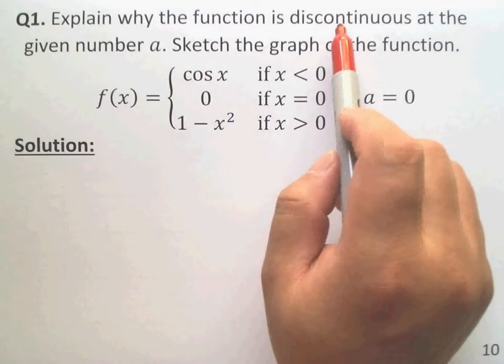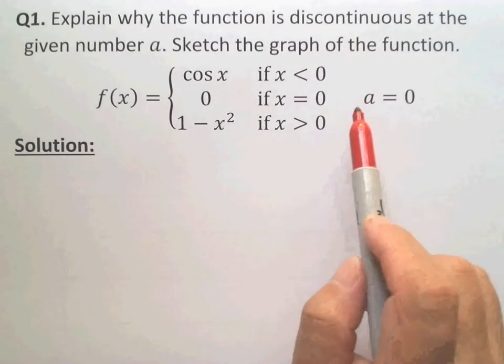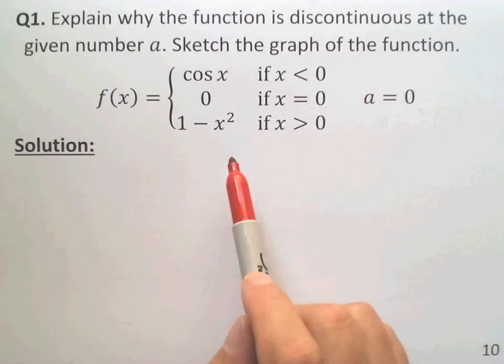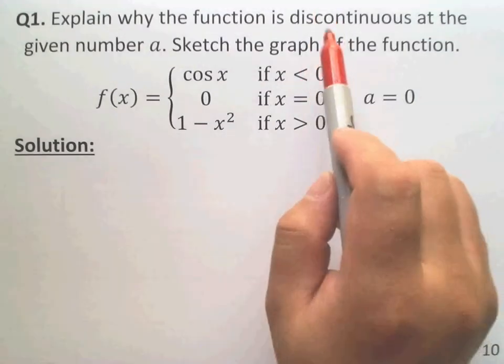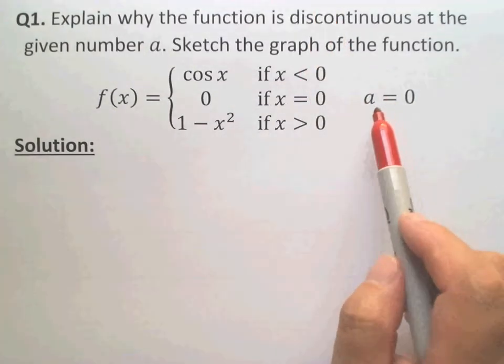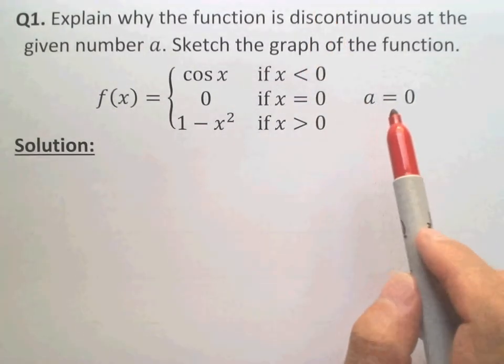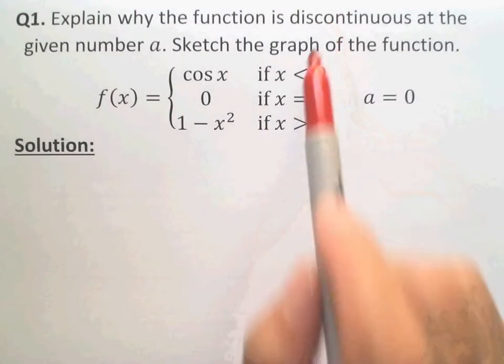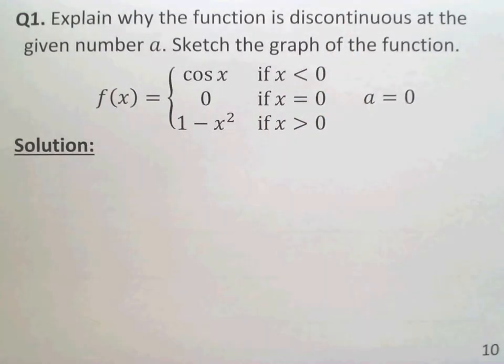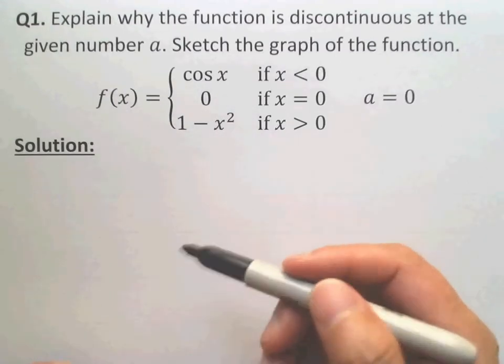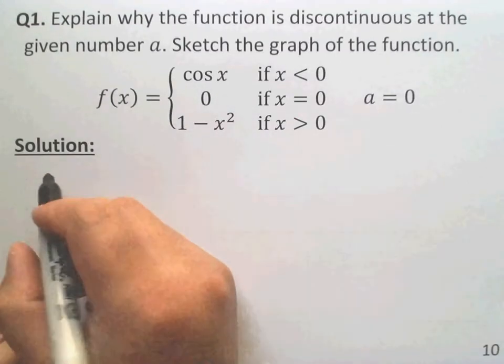If the limit does not exist, of course it's discontinuous. If the limit exists, we look at the third step. Does the limit equal the value of the function? If it does, it is continuous. Of course it's not, right? This time we need to show it is discontinuous.